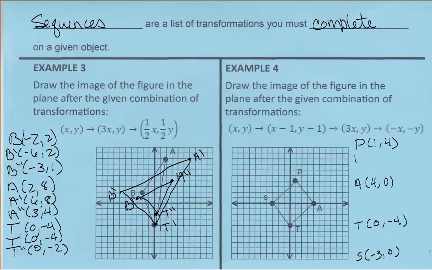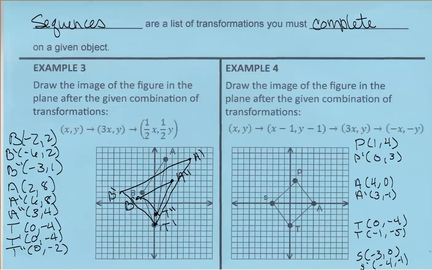And then my P prime, I have to subtract 1 from both, so 1 minus 1 is 0, 4 minus 1 is 3. 4 minus 1 is 3, 0 minus 1 is negative 1. 0 minus 1 is negative 1, negative 4 minus 1 is negative 5. And negative 3 minus 1 is negative 4, 0 minus 1 is negative 1.